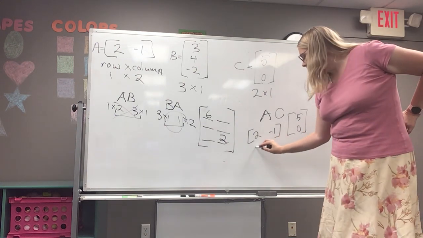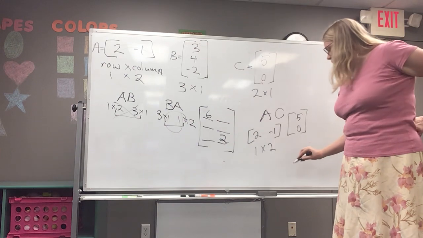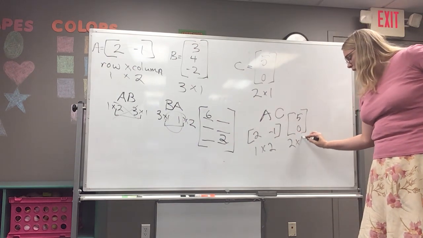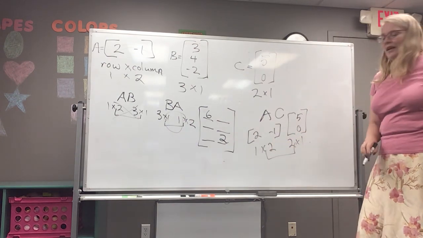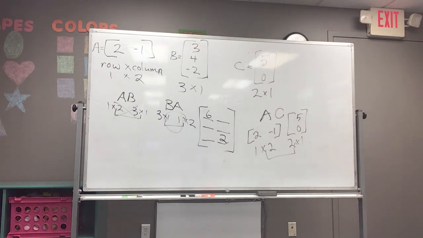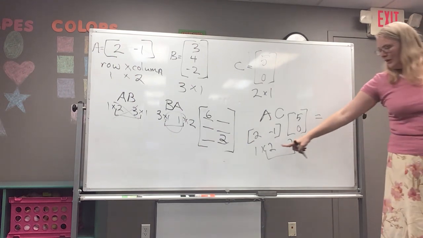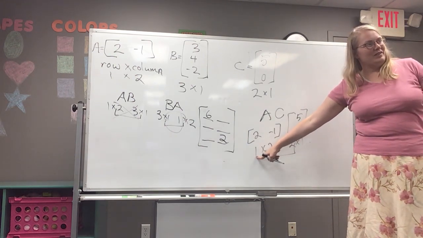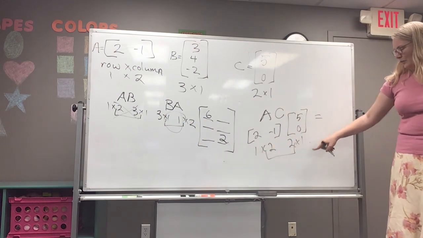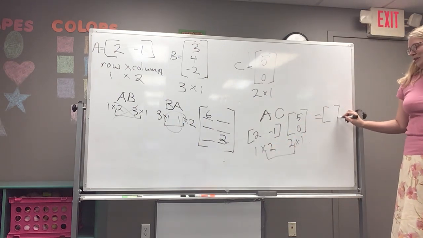And this is a 1 by 2 and 2 by 1. Insides match, multiplication is possible. What size is our answer going to be? The leftover at the outside. 1 by 1. It's going to be a single element matrix.